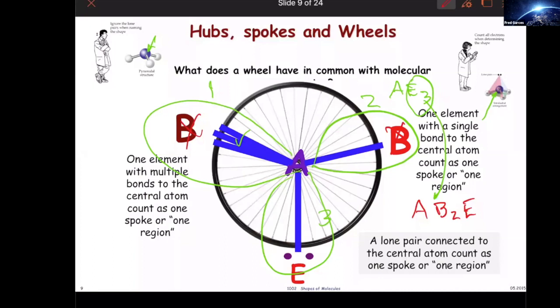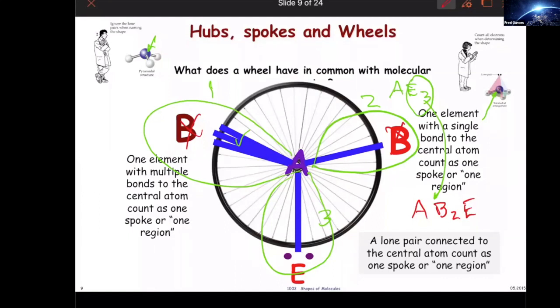If it's multiple bonds going to a single atom, that's also one domain. And a lone pair has its own domain. That's very critical, because if you don't get that down, you're not going to be able to classify what type of geometry you have.